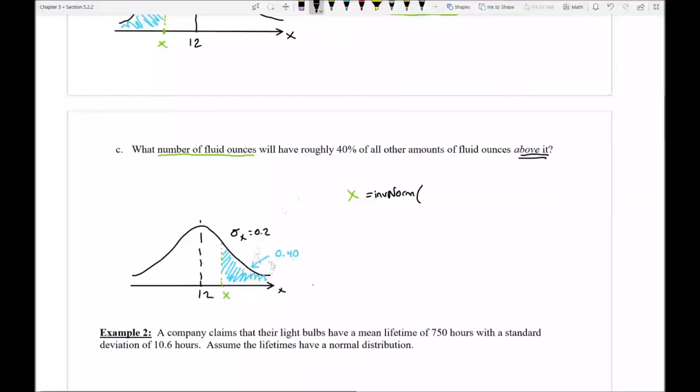So while I have 40% over here, I'm going to be interested in how much extra total space is actually going to exist in this portion. Well, if there's 40% over here, and the total area under the curve always has to be 100%, then to the left there would have to be 60%.